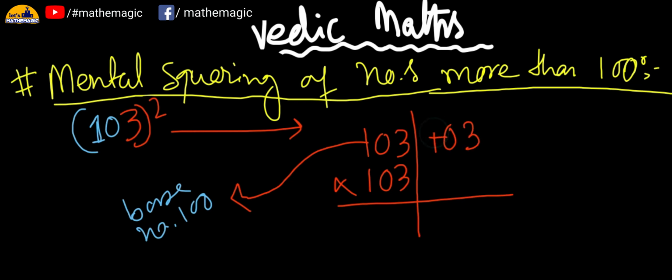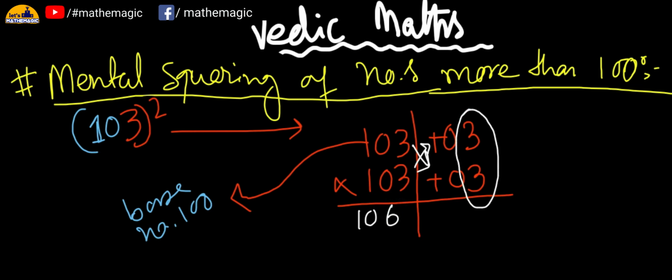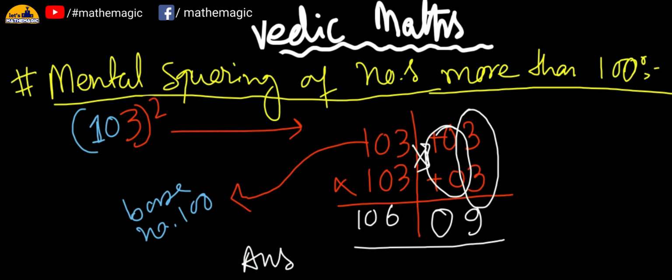So here I am writing plus 03, and for the second one also plus 03. I am going to do the cross addition. 103 plus 03 will be 106 only. Next I am going to do the vertical multiplication. The answer will be 09. So the ultimate answer will be 10609.